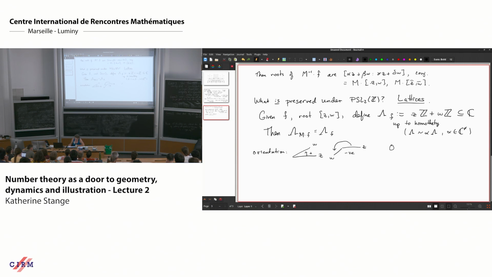In our case, if I write it like this, or if I use the other root, one of those will be negatively oriented and one positive. So even though I have two roots, I can choose a way to pick one of them.